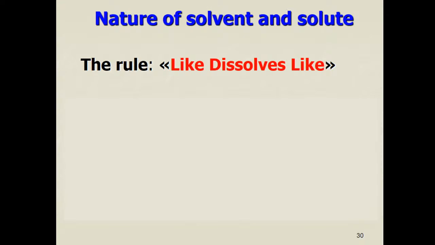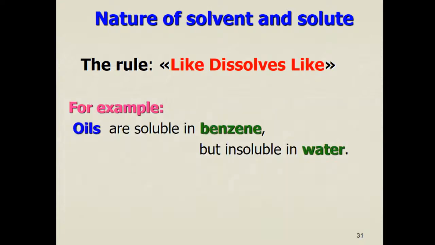That means, again, polar and ionic substances tend to dissolve better in polar solvents, and non-polar substances have a tendency to dissolve in non-polar solvents. As an example, always oils and water. Oil is soluble in benzene as a non-polar solvent, but insoluble in water, forming two immiscible liquids.